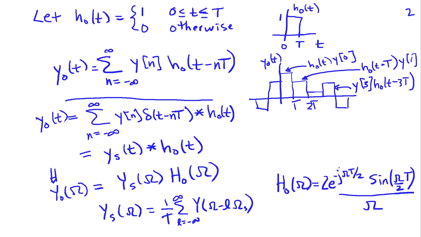And then we have this phase shift, e to the minus j omega T over 2, which is due to the fact that this rectangle is not centered at 0, but is actually shifted by T over 2 from 0. And so that adjusts the sinc function. It's useful to depict this graphically in order to gain some insight.